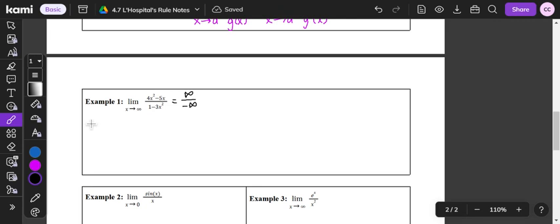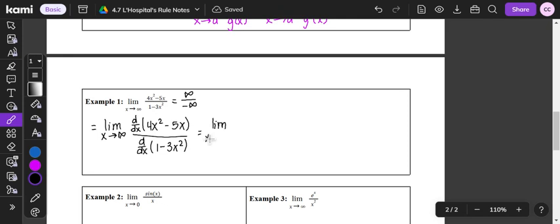So here we go. I know that this is going to equal the limit of the derivative of the top over the derivative of the bottom. So I can go ahead and do that.